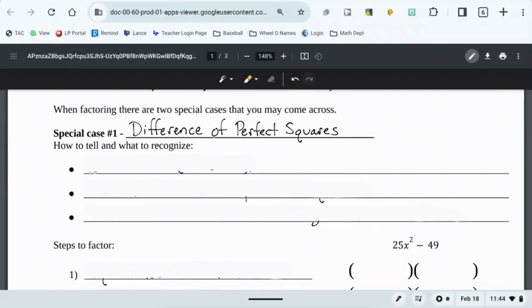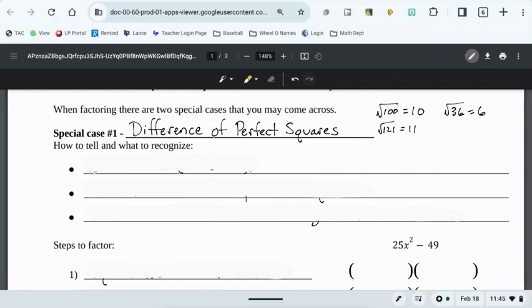Perfect squares are numbers we can take the square root of and get a whole number. For example, the square root of 100 is 10. The square root of 121 is 11. One more, the square root of 36 is 6. So subtracting perfect squares, difference of perfect squares.